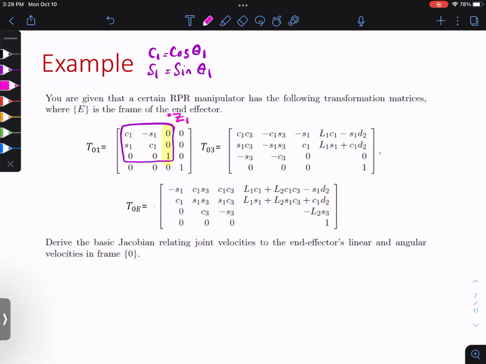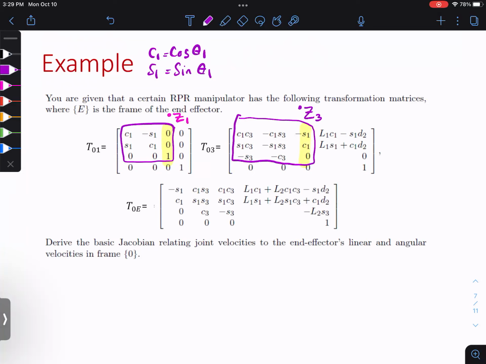seen in frame 0, because we are just talking about the basic Jacobian, everything from frame 0. Then for this one, this is our rotation, right? So this one is the Z3 in frame 0.